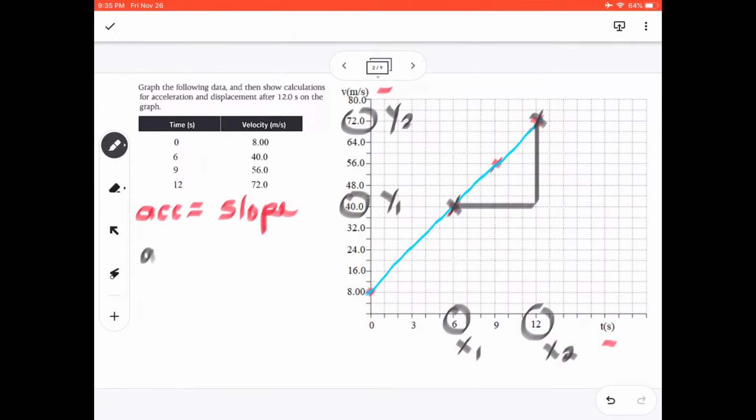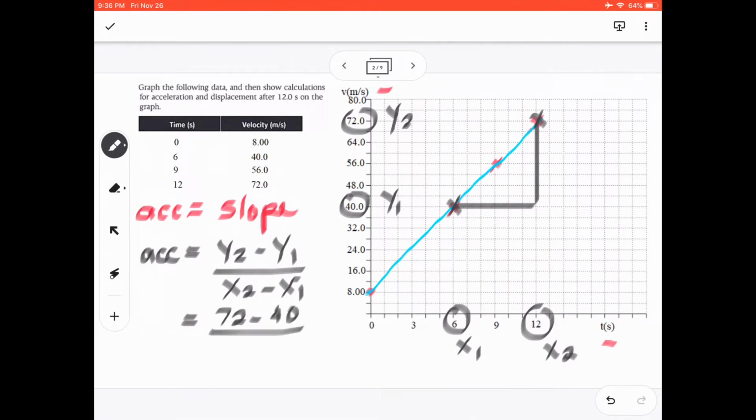Therefore, acceleration is equal to y2 minus y1 over x2 minus x1. Now, substituting the numbers, 72 minus 40 divided by 12 minus 6.